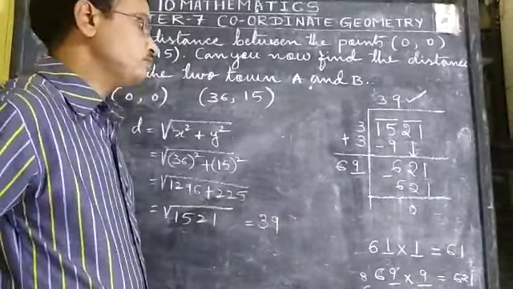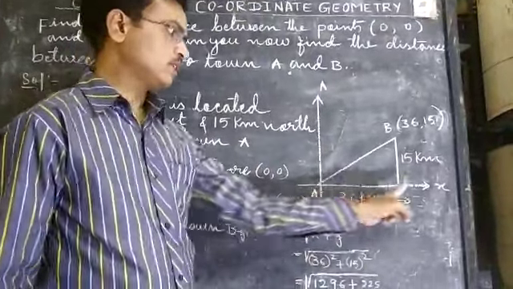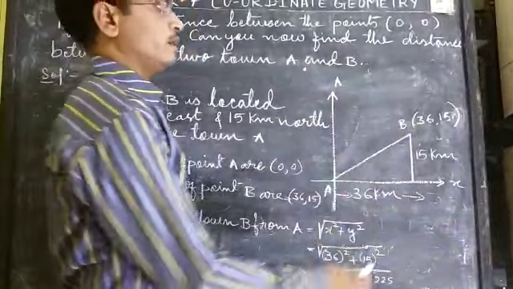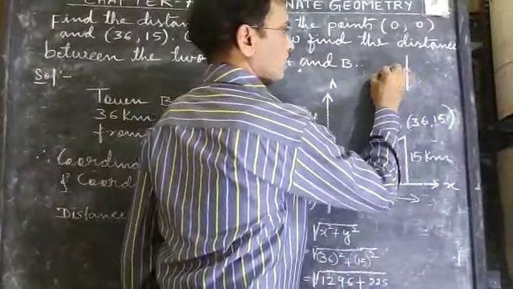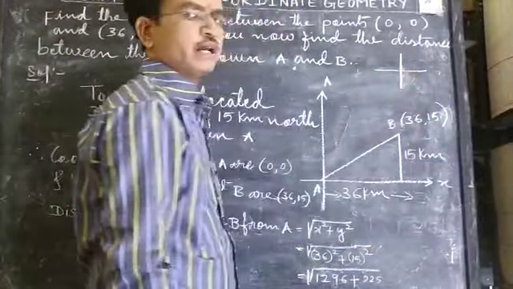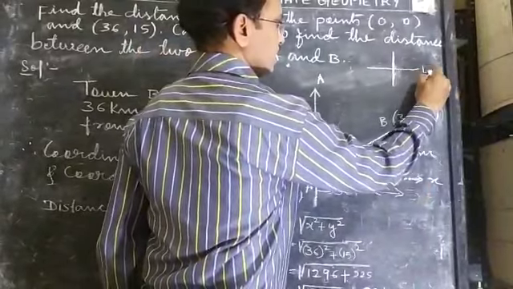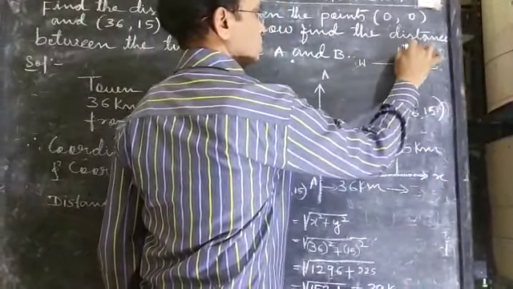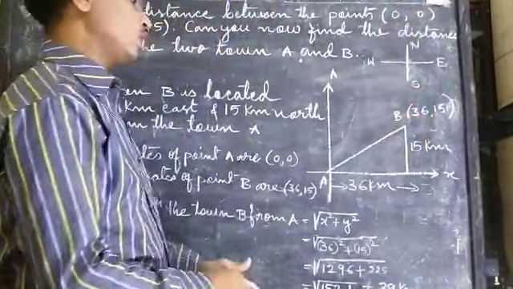This is the y-axis, and this one is the x-axis. In this graph, you know that the directions are a vertical line and this one a horizontal line. On our right hand side we take east, this one is west, this one is north, and this one is south.